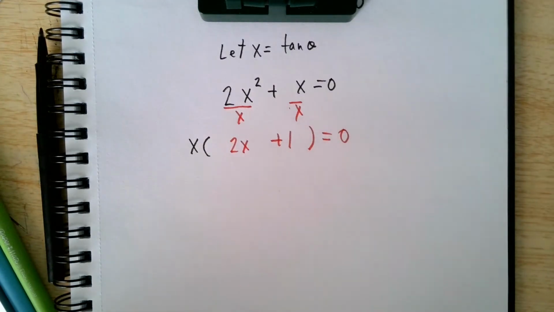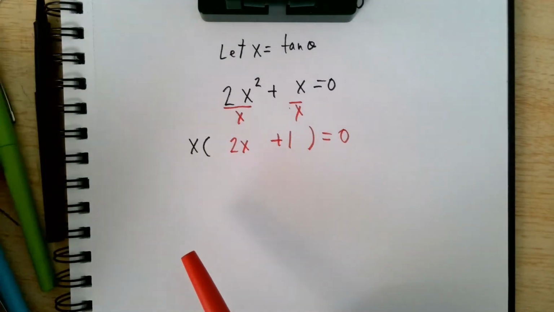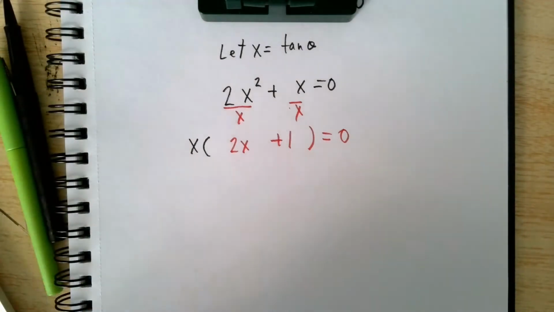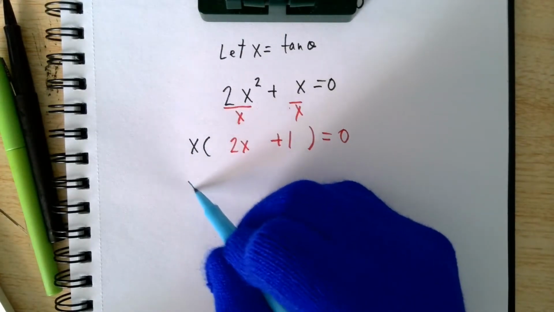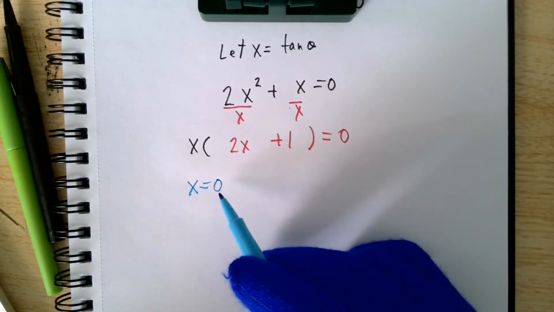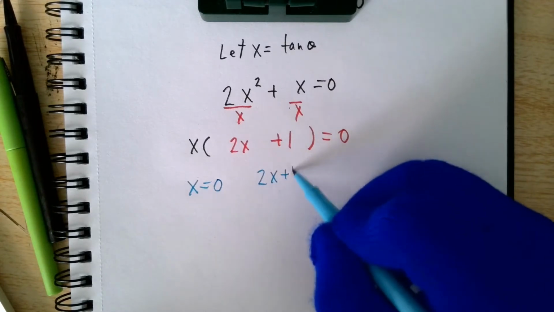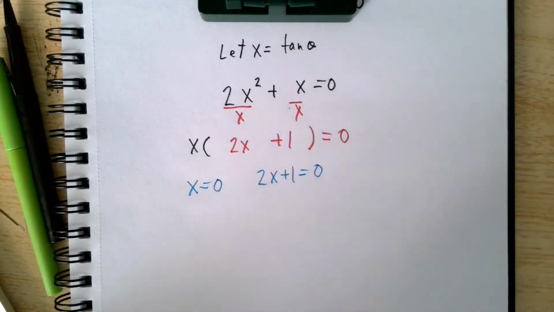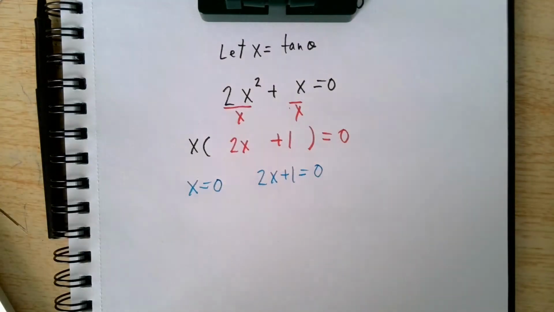Now that I've factored, I want to set each factor which has a variable equal to 0 separately and then solve for x. This first factor, x, has a variable. I set it equal to 0 and solve. Lucky for me, this is already solved. Then I take 2x plus 1 and set that equal to 0 as well. Now I solve for the variables.